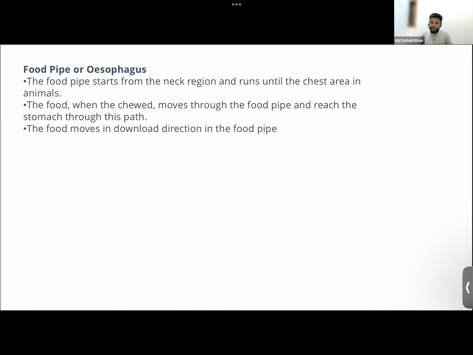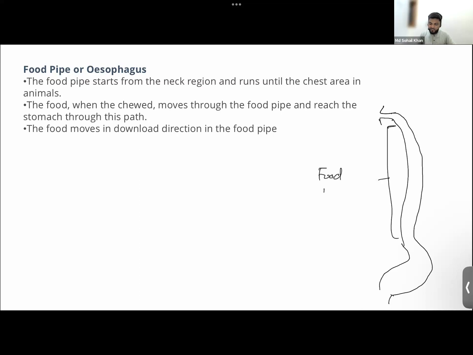The food pipe basically runs all the way from your mouth up to the stomach. So the food which has got partially digested will now move on to our food pipe, also called the esophagus.